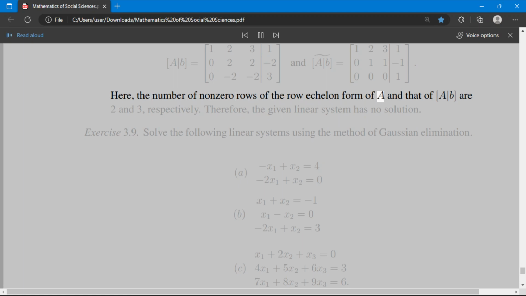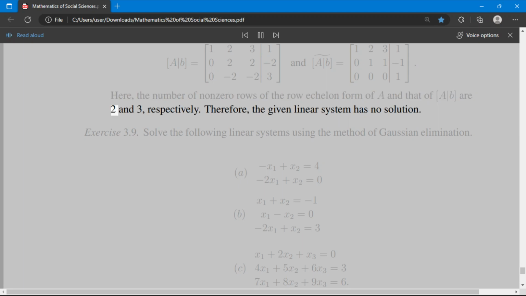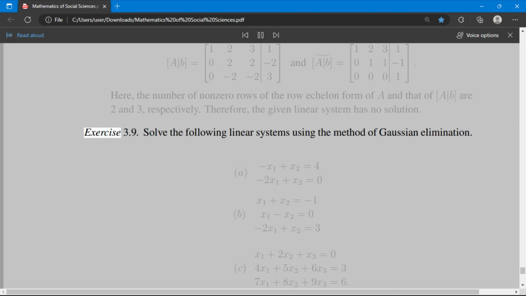Here, the number of non-zero rows of the row echelon form of A and that of AB are 2 and 3, respectively. Therefore, the given linear system has no solution.